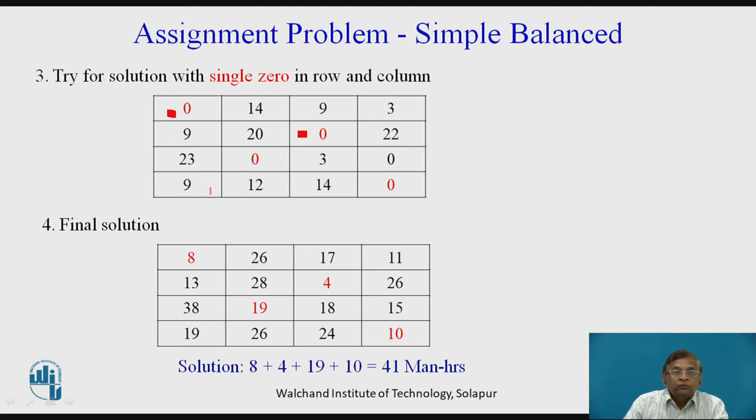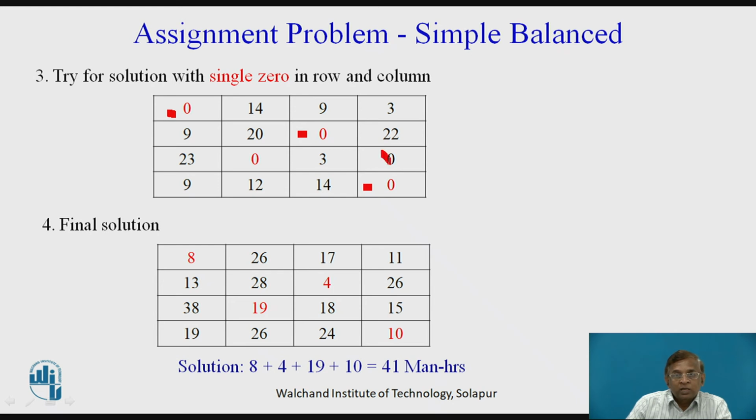We go to fourth row. In fourth row we have a single 0. So this single 0 in fourth row, I mark it for being allocated. Now here the condition comes, while we have allocated this 0 in a row, any additional 0, if at all we have in that column of allocated 0, we have to cancel that.